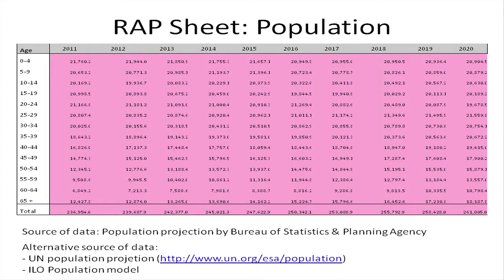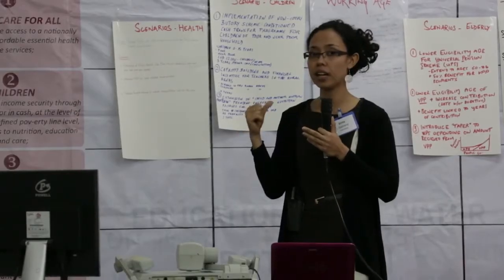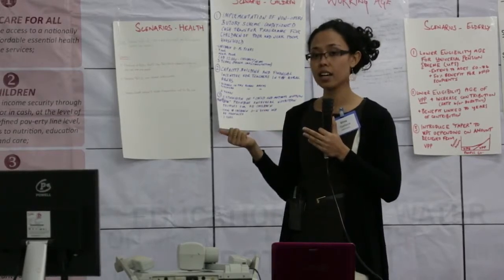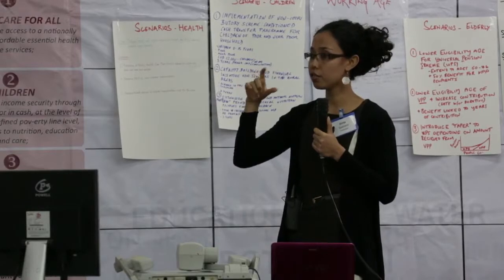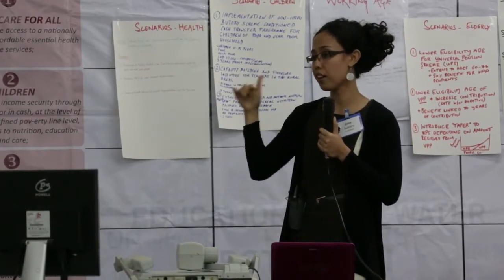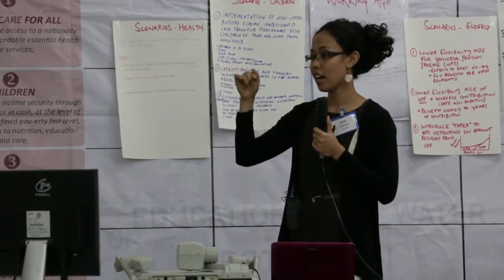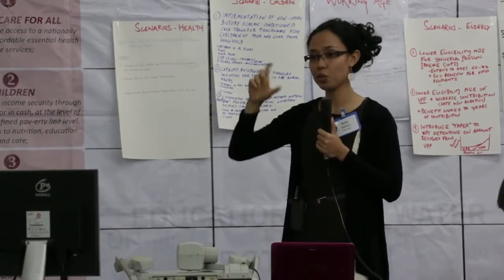But I can show you here that in Indonesia, luckily we have already a population projection made by the Bureau of Statistics and the Planning Agency. We have it divided by age and sex. We have for every age up to 75, but 75 and more are in one bracket.